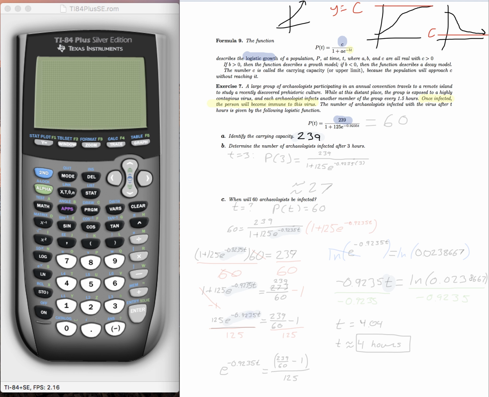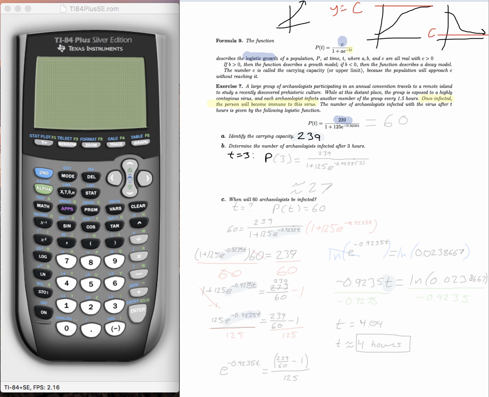Now what this population model does for us is describe the population afflicted after T, in this case hours, after time. So we are given this model and we can say what happens when T equals 3.